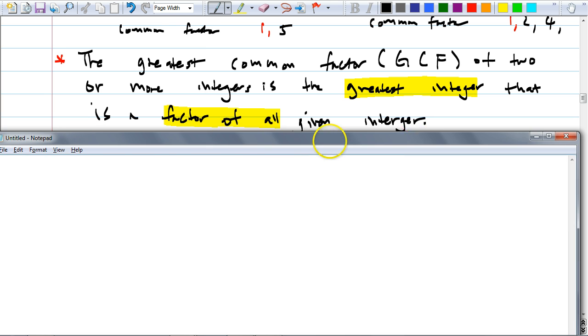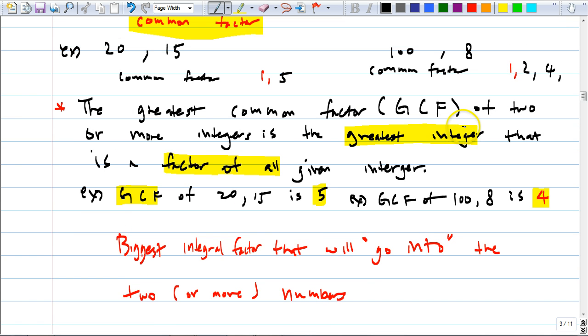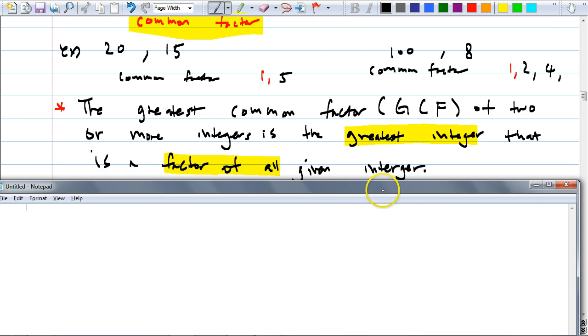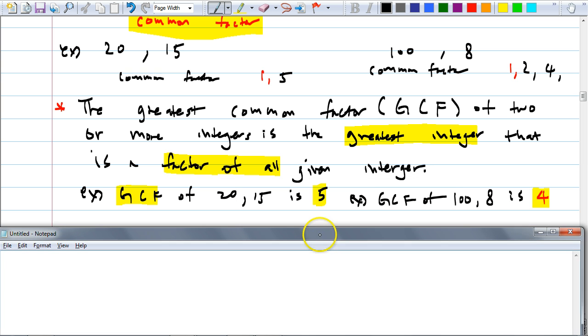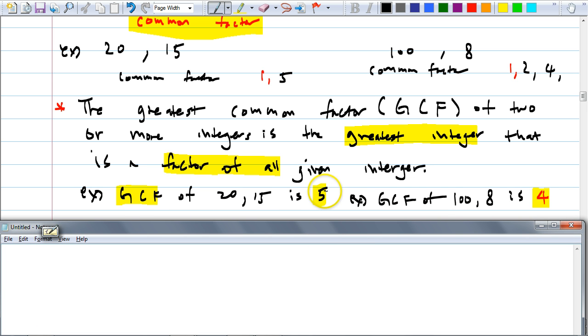For example, the greatest common factor, GCF, how many people have heard of GCF before? GCF, greatest common factor, of 2 or more integers is nothing more than the greatest integer that is a factor of all given integers, right? For example, like 20 and 15, isn't 5 the GCF?